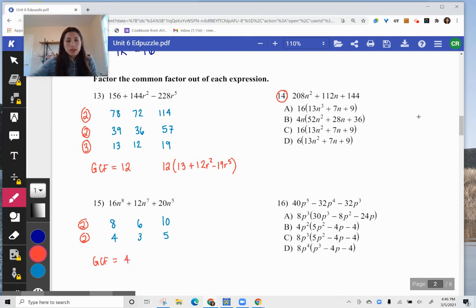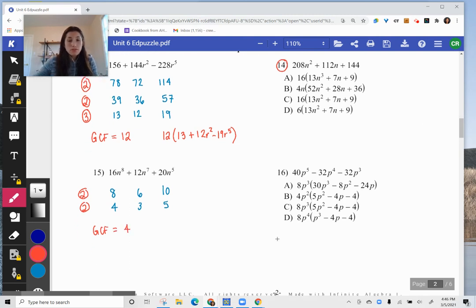And then I have to say, okay, well, there's actually variables in common with these. Well, I have 1, 2, 3, 4, 5, 6, 7, 8 n's in the first term. I have 1, 2, 3, 4, 5, 6, 7 n's in the second term, and then 1, 2, 3, 4, 5 n's in the third term.